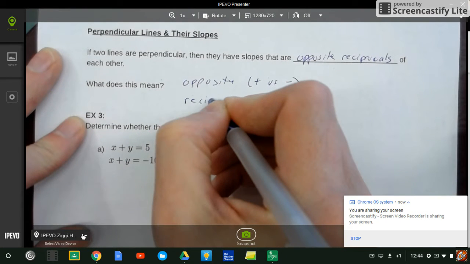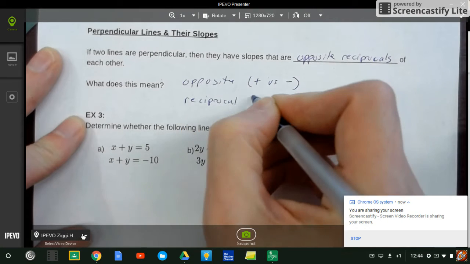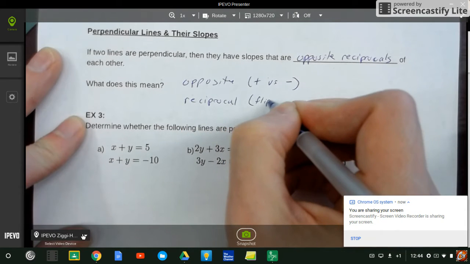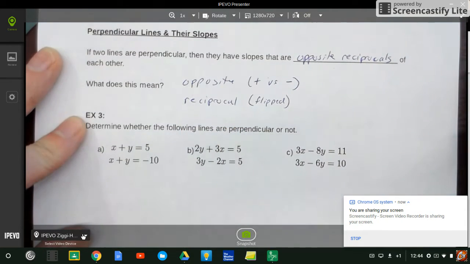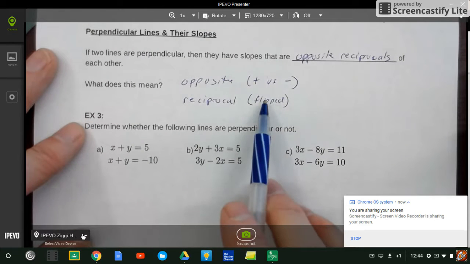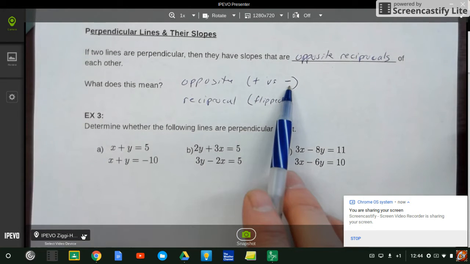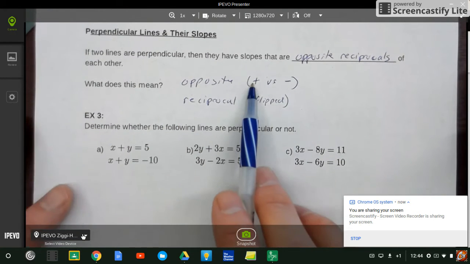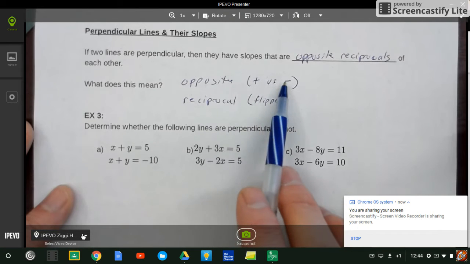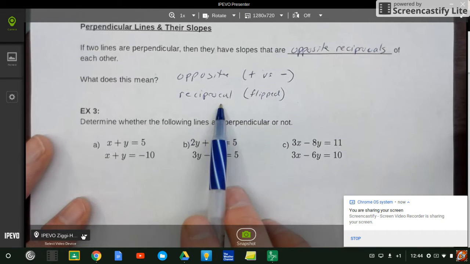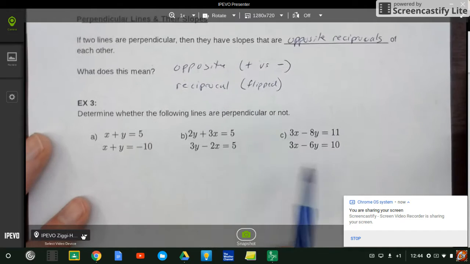Reciprocal is a flipped fraction, okay? So what we're looking for is if my slope is negative, I want its opposite reciprocal to be positive. If it's positive, I want the opposite reciprocal to be negative. And I want the reciprocal part to be flipped, okay?